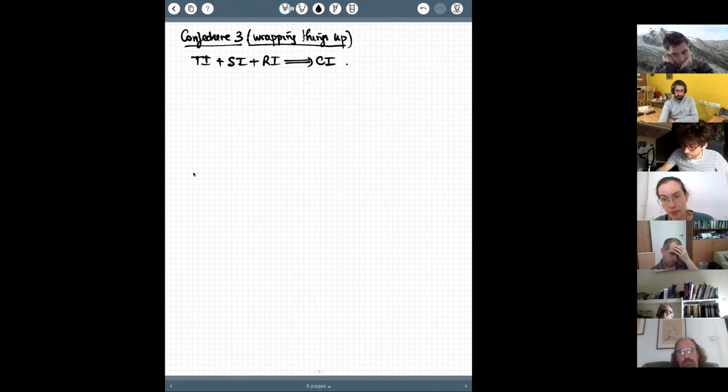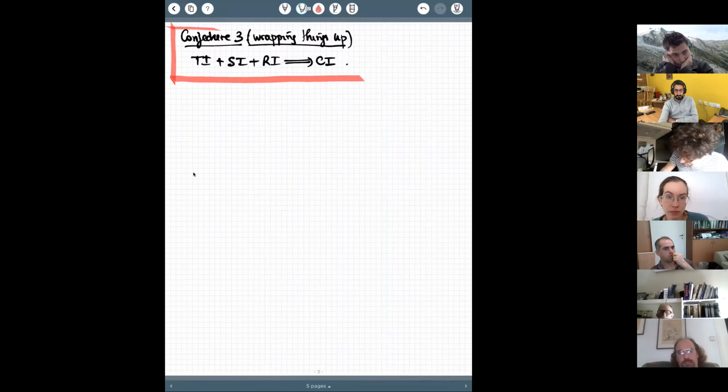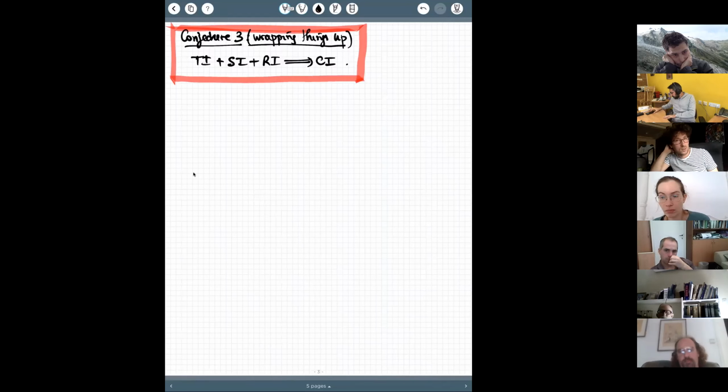Okay? And at first sight, this could look very bad. I mean, this could look like a very difficult conjecture. And actually, I would say that this is probably the simplest step of the three, surprisingly.